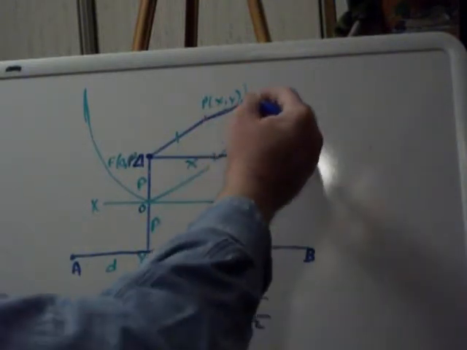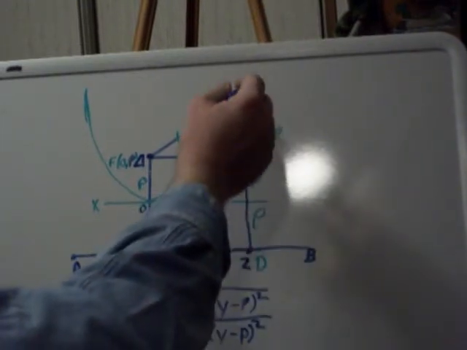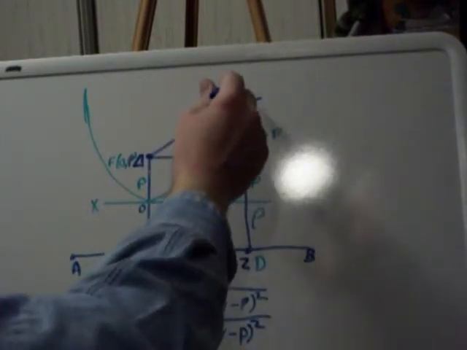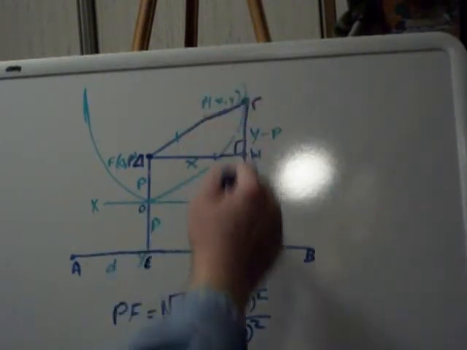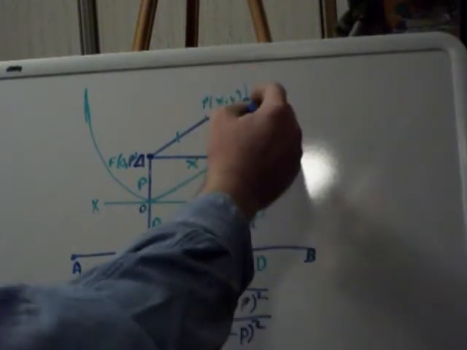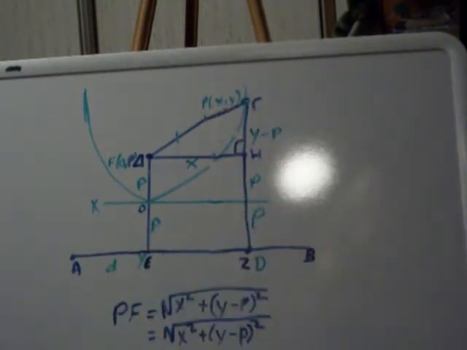Because what we're saying here is this is the length of y, and you're going to add this much more to make the length of p this. So the length of PD is the length of y, which is this, plus this extra length of p.